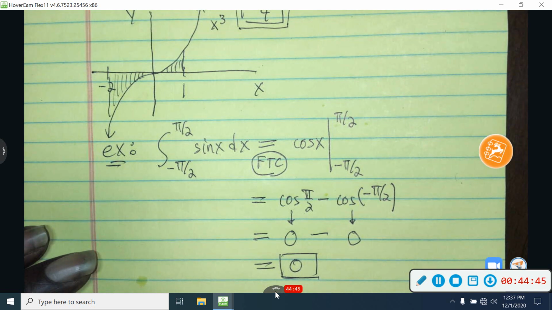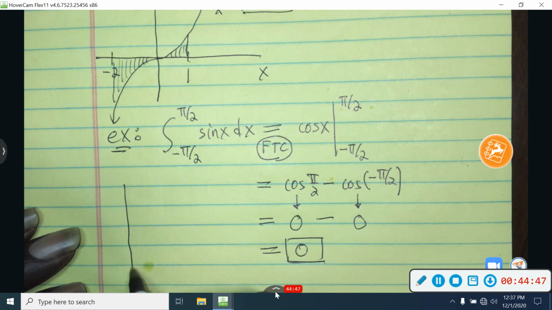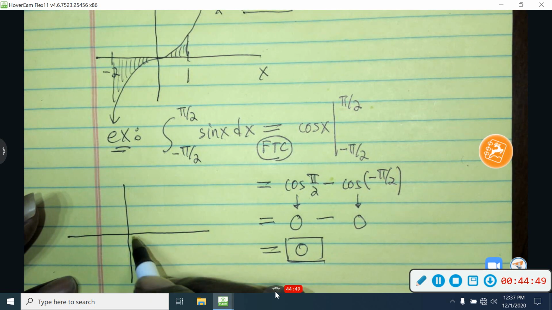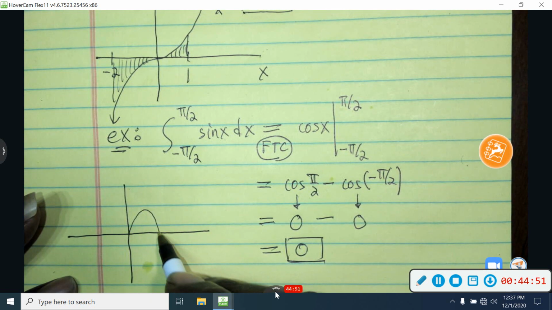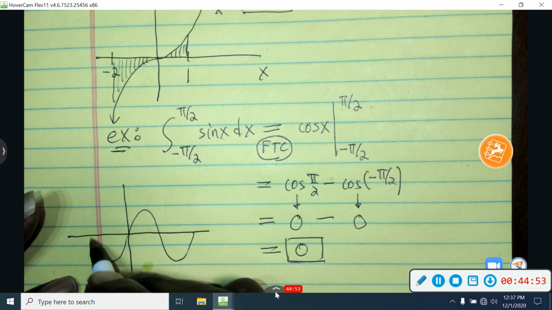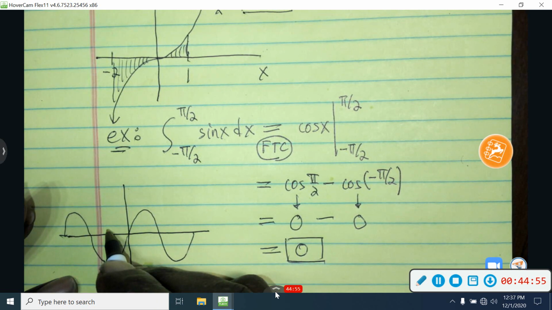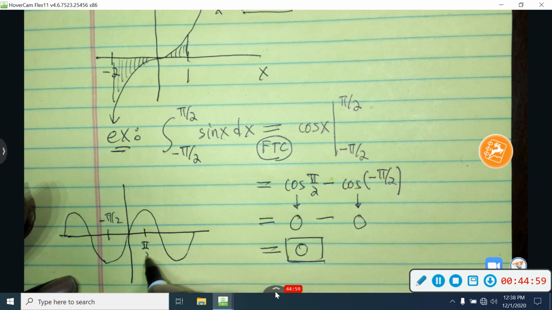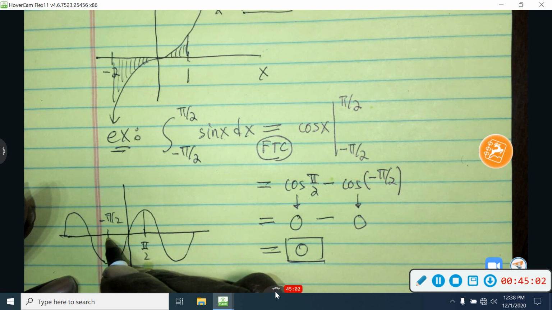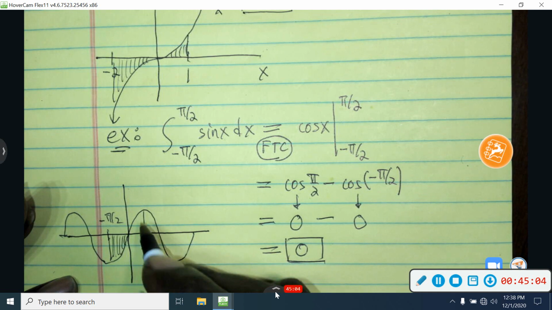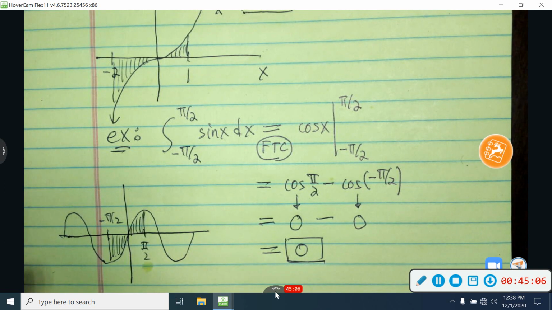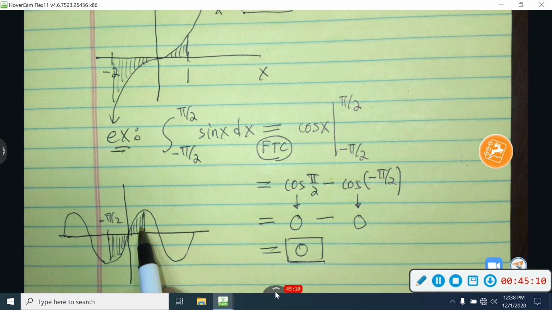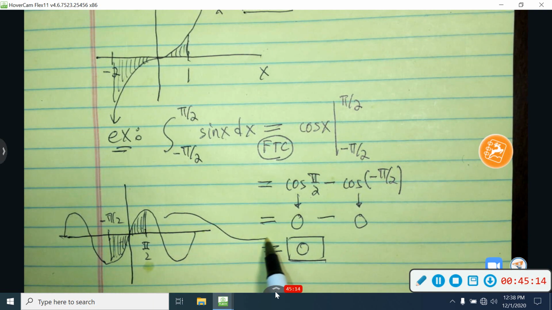Let's have a look at the graph and see what happened real quick. Only takes like a fraction of a second. If you look at sine x, it looks like this. But if you look at minus pi over 2 to pi over 2, there's as much negative height boxes as there are positive height boxes, or rectangles rather, that we would be putting under this, and they cancel each other out, producing 0.